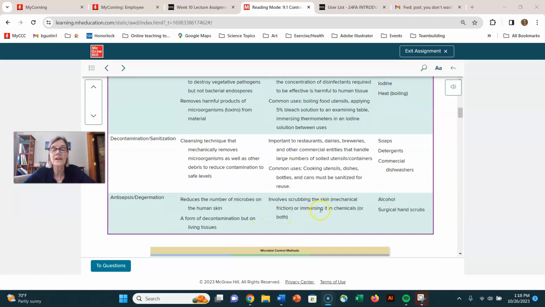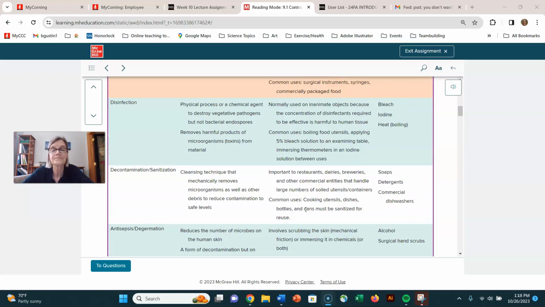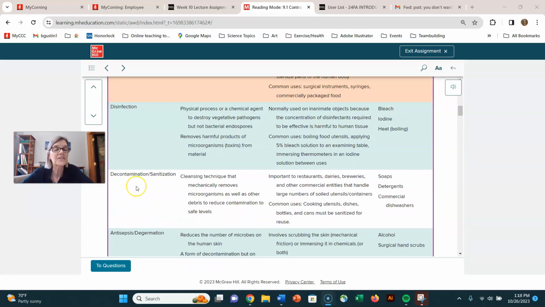And so antisepsis can be scrubbing or using some kind of chemical. So alcohol is a good antiseptic that we've all used for hand sanitizers, surgical hand scrubs, but even washing can contribute to antisepsis. Now there's another term, kind of in between.